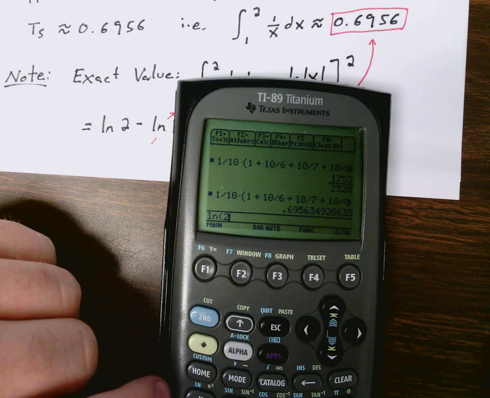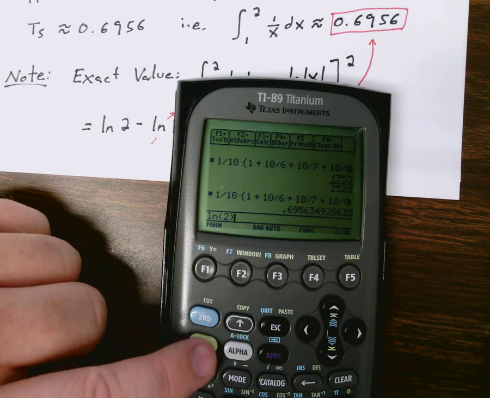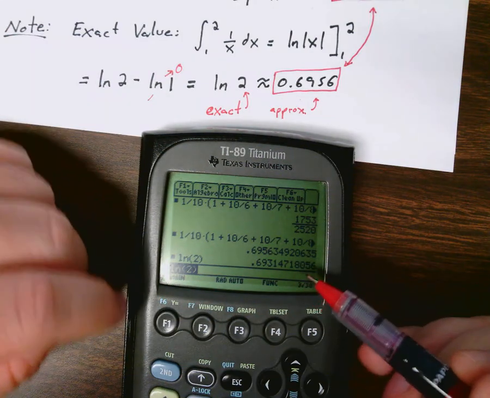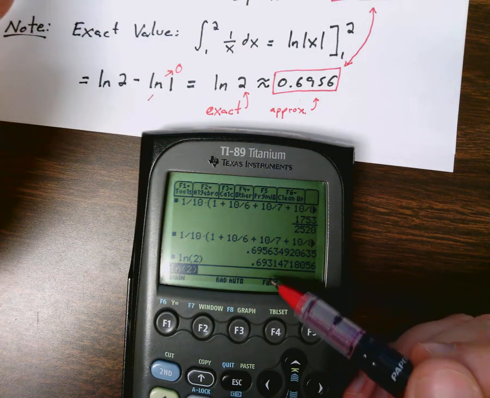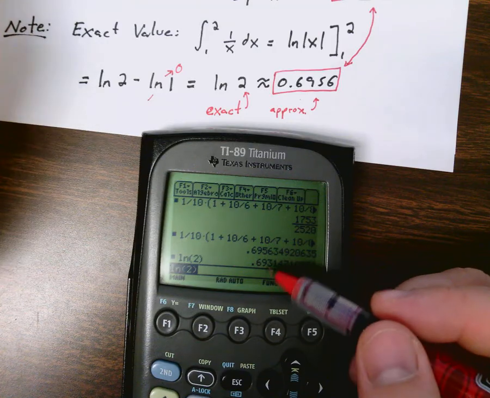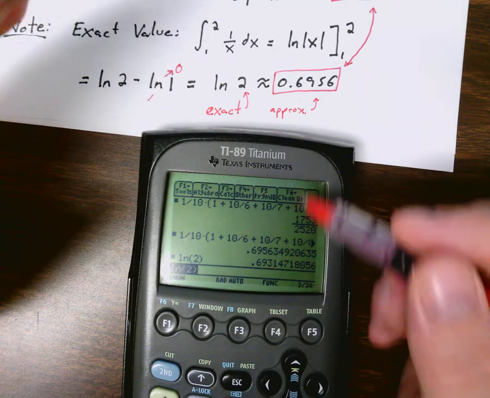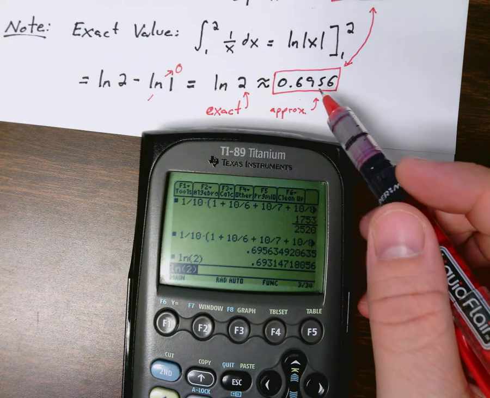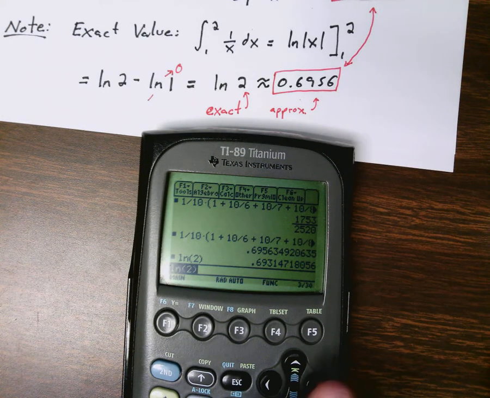The natural log of 2 is 0.693. So it's actually correct up to the tenths place and the hundredths place, but it's off on the thousandths place. And if you want to get a better approximation, you put in more trapezoids, just like what you did with rectangles.